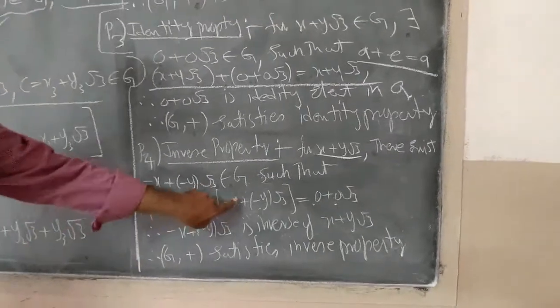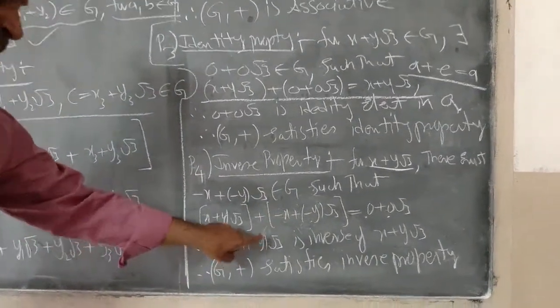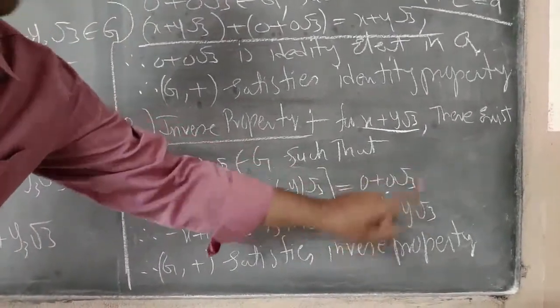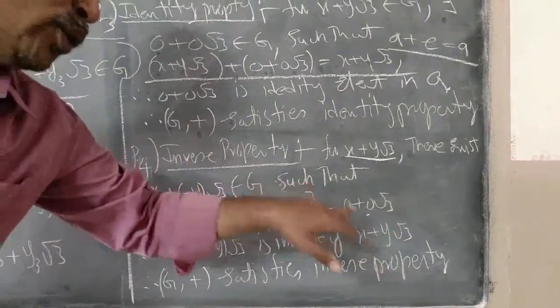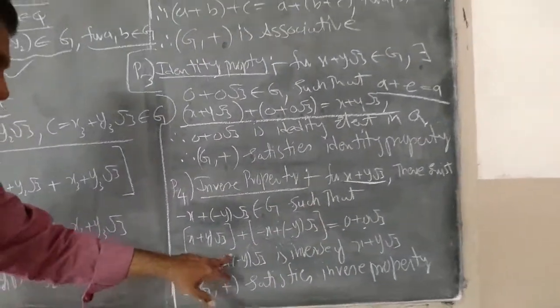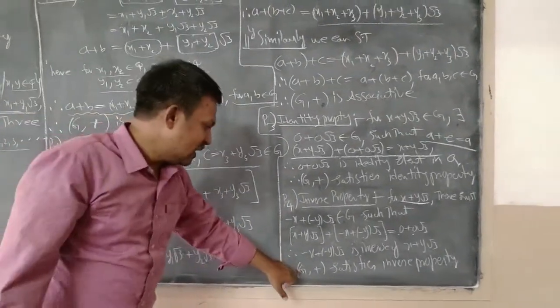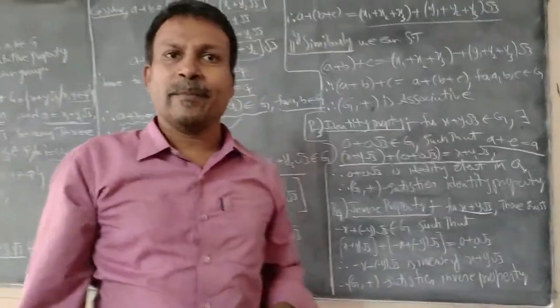Therefore, for b, minus x plus minus y root 3 is present, which is the inverse of x plus y root 3 and vice versa. Here we can take x plus y root 3 as the additive inverse of minus x plus minus y root 3 in our set G. Therefore, here I give a conclusion that G comma plus satisfies the inverse property.